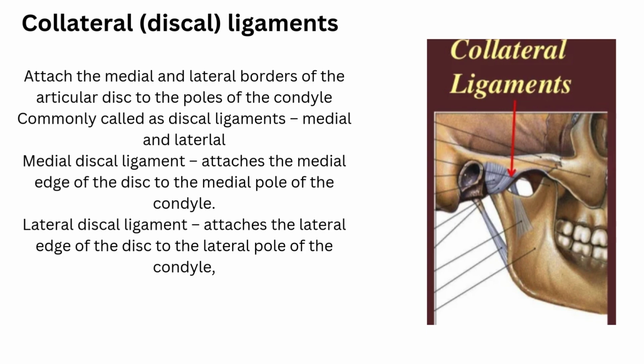So when we say medial discal ligament, the medial edge of the articular disc attaches to the medial pole of the condyle. Alright, and in the lateral discal ligament, the lateral edge of the disc attaches to the lateral pole of the condyle. That is why it is known as discal ligament or collateral ligament.